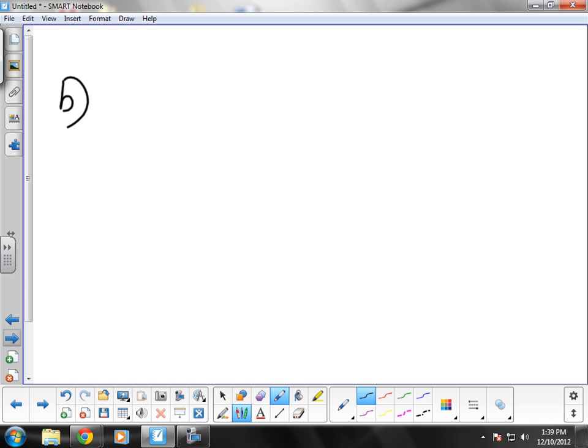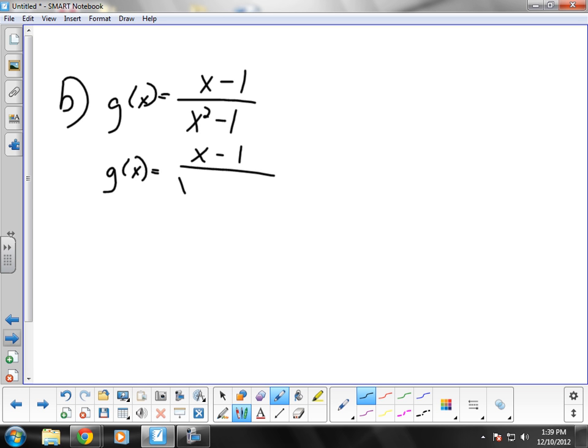So part B on that one, it says g of x is equal to x minus 1 over x squared minus 1. Now, it's easier if I factor this for you as opposed to just setting the bottom equal to 0. Because if you'll look, that's the difference of two squares, right? So it's x plus 1 times x minus 1.